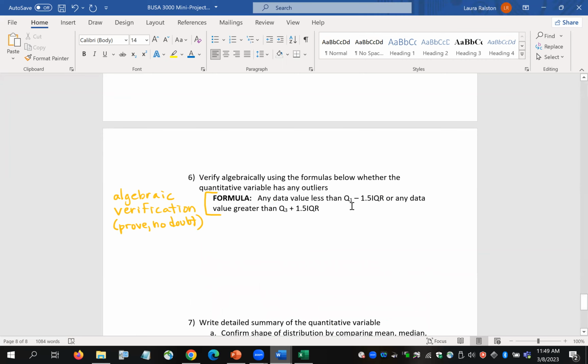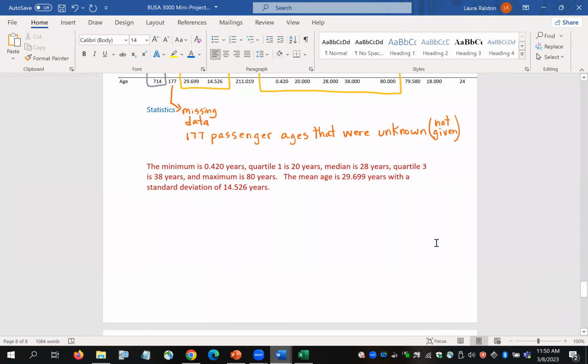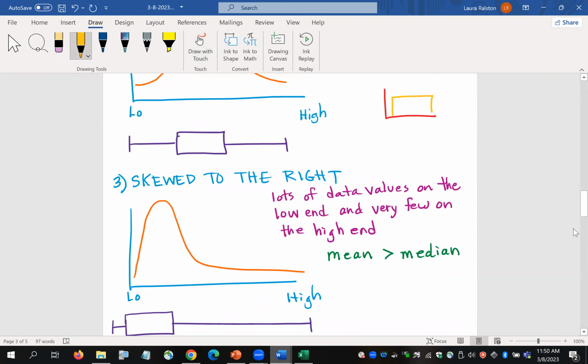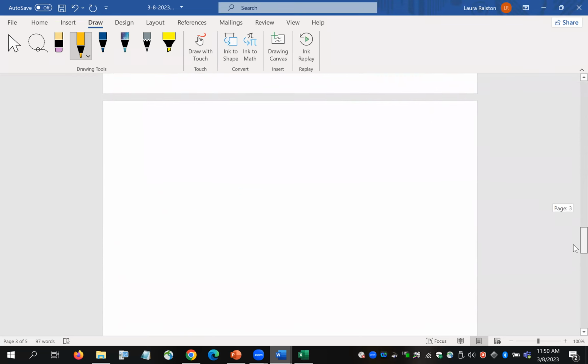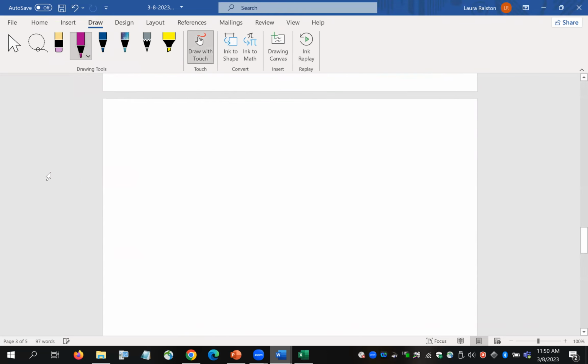Okay. The formula is Q1 minus 1.5 IQR, any data value less than that. So let me see if I can draw you a quick picture of what's going to take place here. When you're thinking about the box plot, and you've seen it created in Minitab, I'm going to rough sketch one by hand.